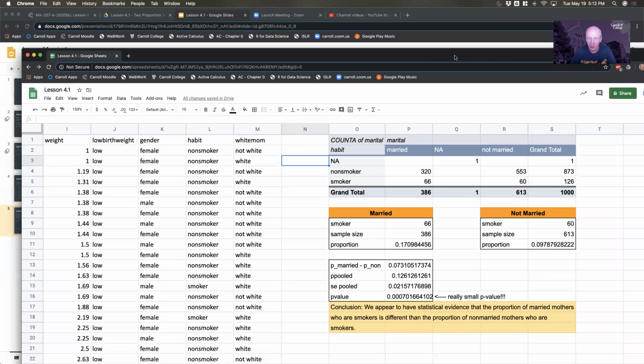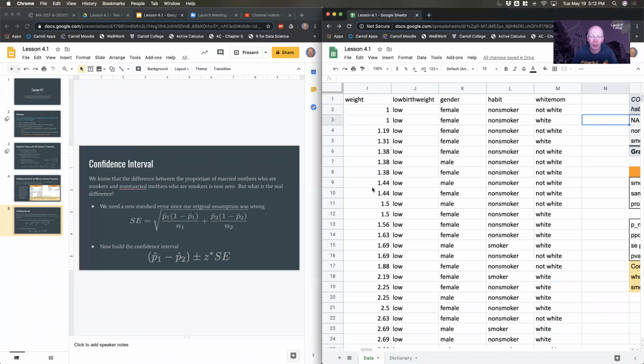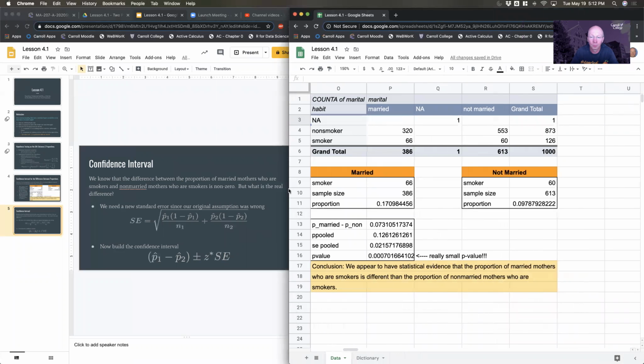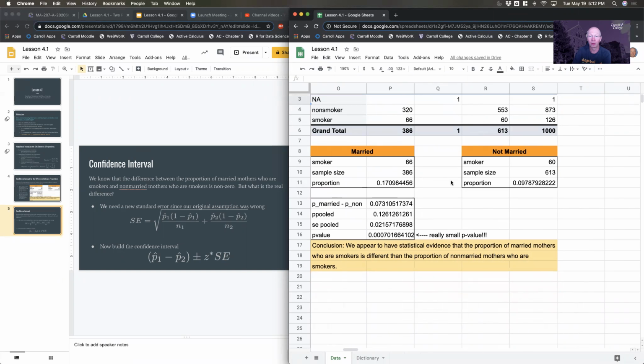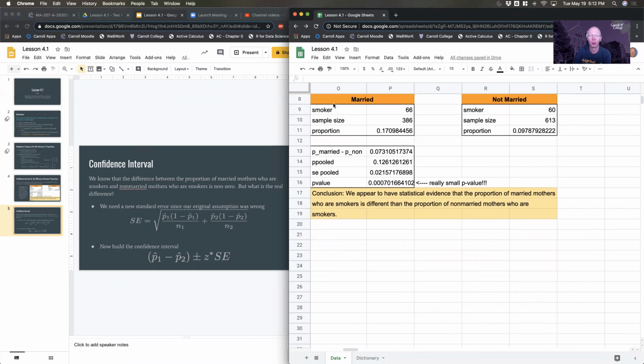I'm going to do this the same way I've done in the past. I'm going to try and put these side by side. Hopefully we can see everything. Okay, so here's all the stuff that I had on the previous slide. You should be able to build all of this. Again, if you haven't, you need to. I'm going to slide it up a little bit because I don't need to see anything but those statistics at this point.